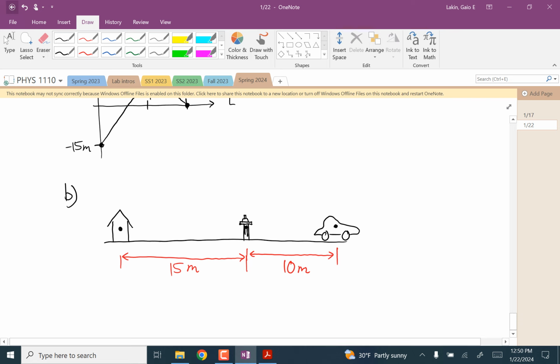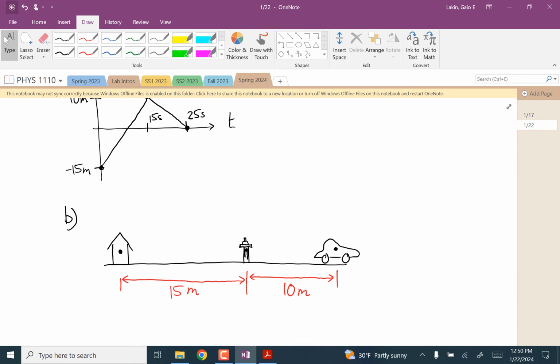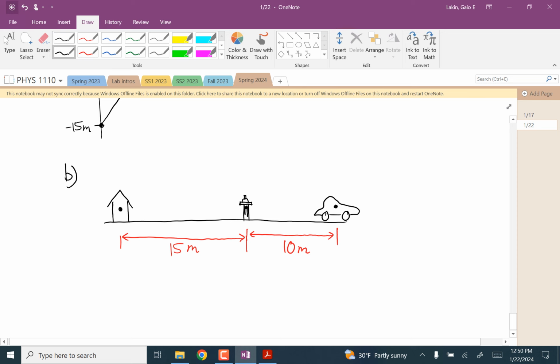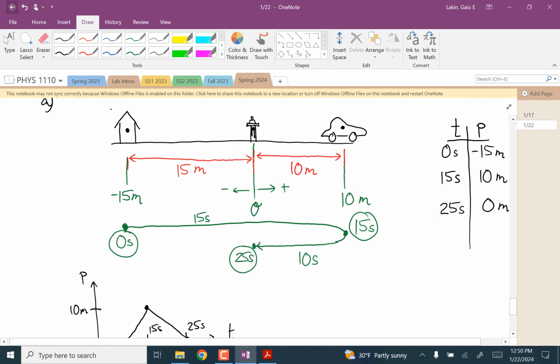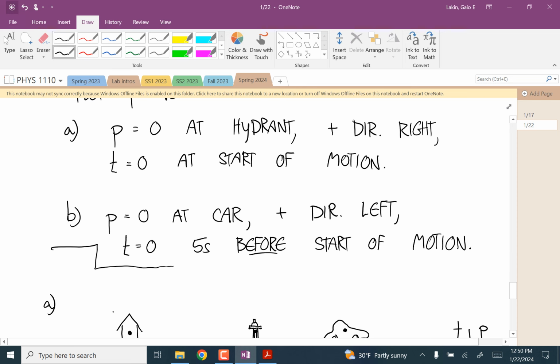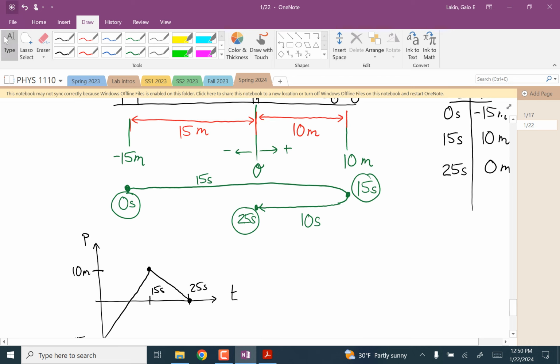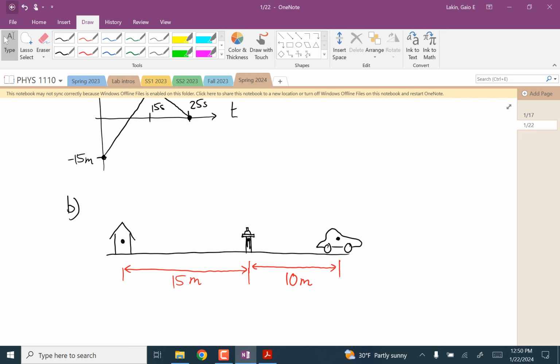And we're going to start labeling stuff based on the 0 position and the positive direction. For part B, I said the 0 position is going to be the car, and the positive direction is to the left.